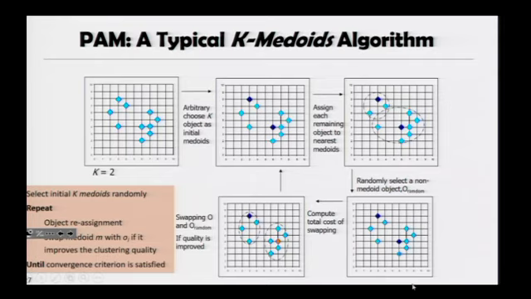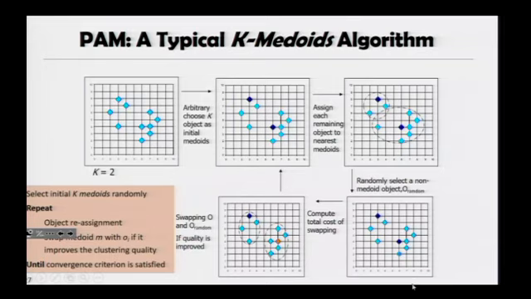So here would be a more intuitive example of how the k-medoid works. The PAM here is basically a specific k-medoid algorithm, or with a certain paper they mentioned about it. So you can see from the first picture, you basically want to cluster this group of data points, and you have k equals to 2 in mind.